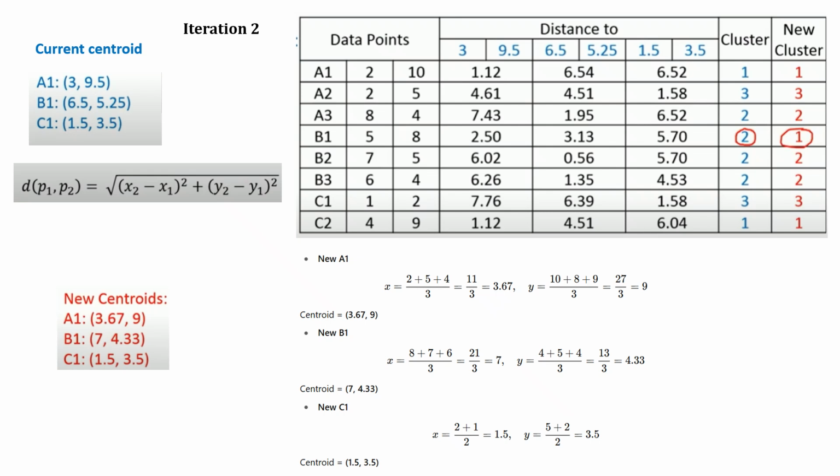Next, we are going to calculate the new cluster again with these values. So here 1, here also 1, so we have filled 1. Now while comparing these two clusters, they are not matching. So again we have to proceed with the same steps in the next iteration by choosing the new centroid points.